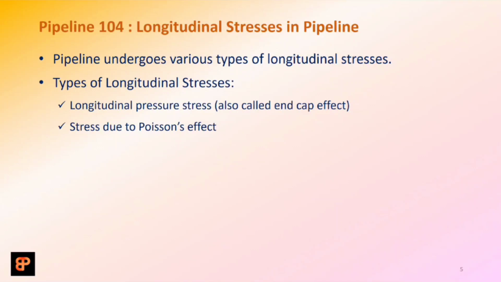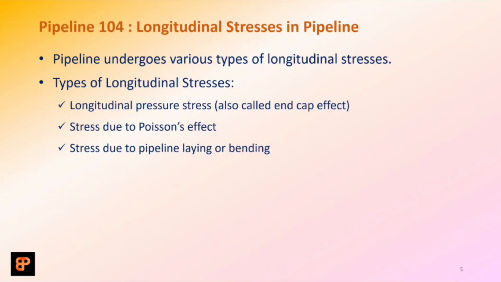So there will be longitudinal stress due to Poisson's effect. I will try to explain Poisson's effect. Then there will be stress due to pipeline laying or bending. Whenever you are going to lay the pipe, we are considering that the pipeline is a long distance pipeline and it will be laid along the ground or buried.